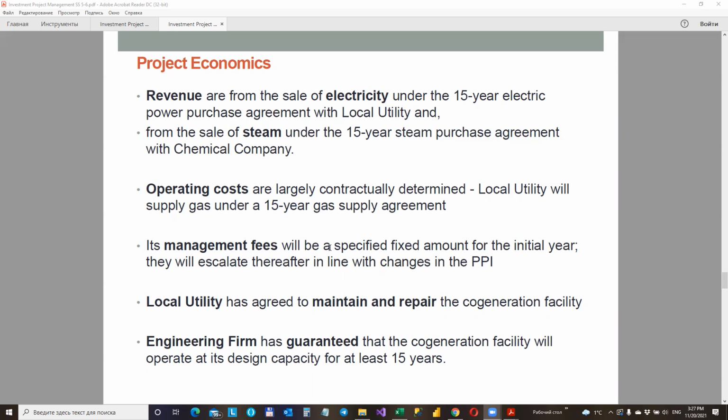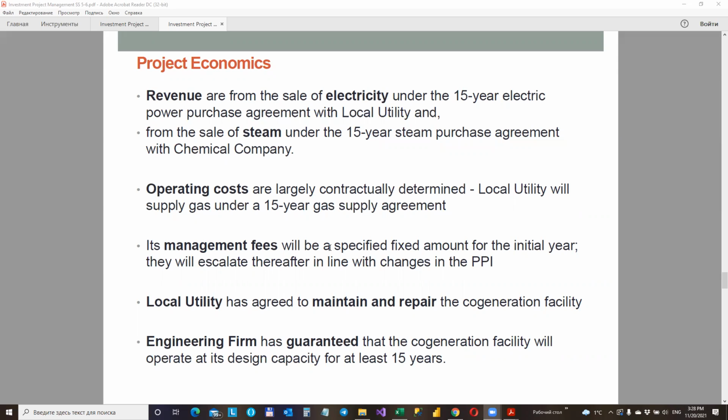All these are pretty straightforward, linked to changes in the producer price index. So there is a high level of predictability of the income streams and expenses. The local utility has agreed to maintain and repair the cogeneration facility in accordance with the agreed-on fee schedule.